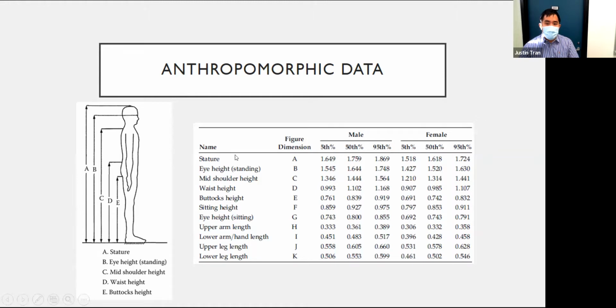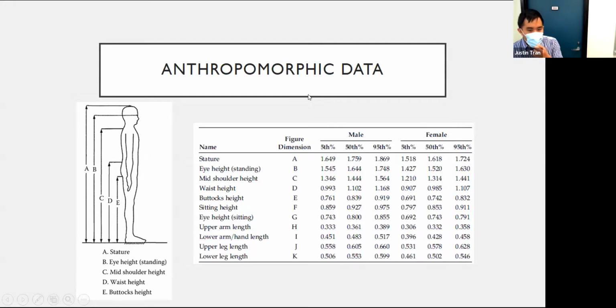You can see that for males, these are how tall each of the different males are. If you're an average male, you're about 1.759 meters tall. But if you're in the 95th percentile, a tall person, then you're 1.869. If you're really short, you're like 1.649 meters tall.